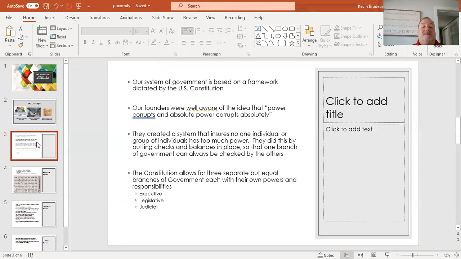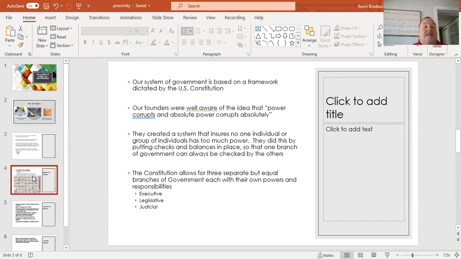They put the checks and balances in place so that one branch of government can always be checked by the others. The Constitution allows for 3 separate but equal branches of government, each with their own powers and responsibilities. Those are executive, legislative, and judicial.